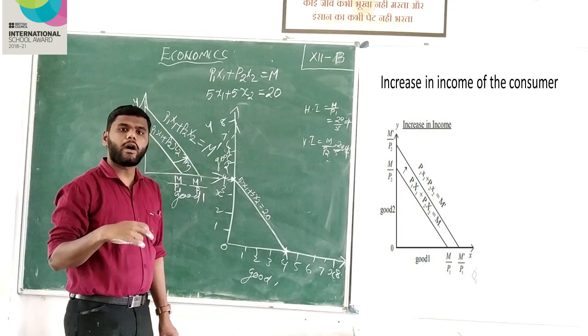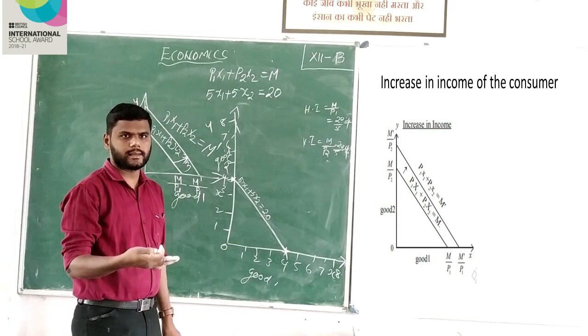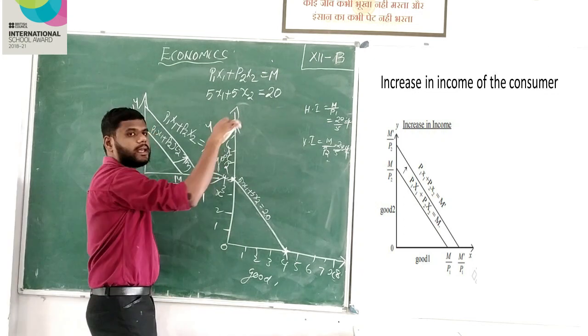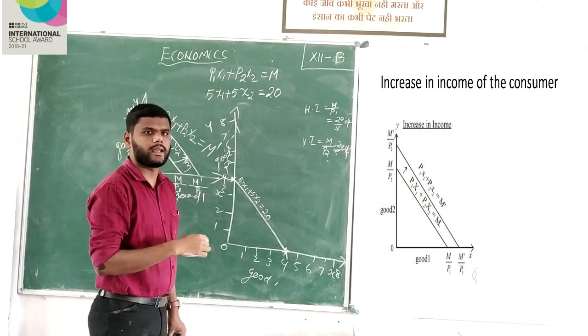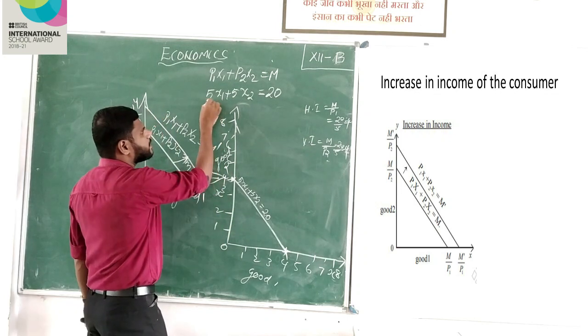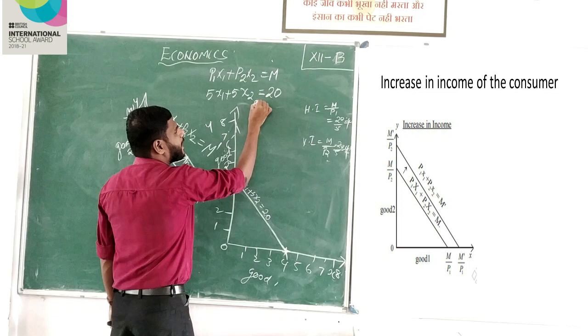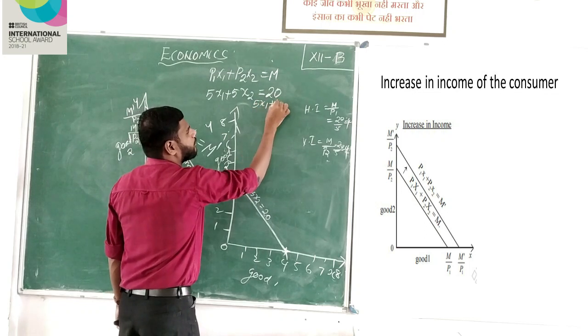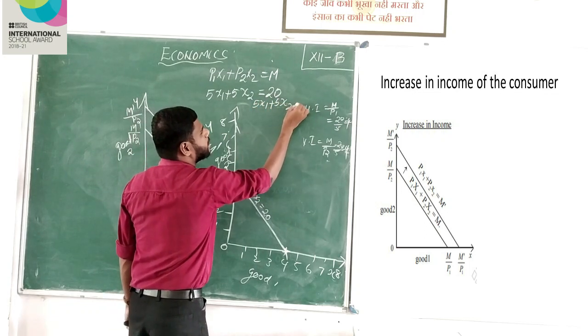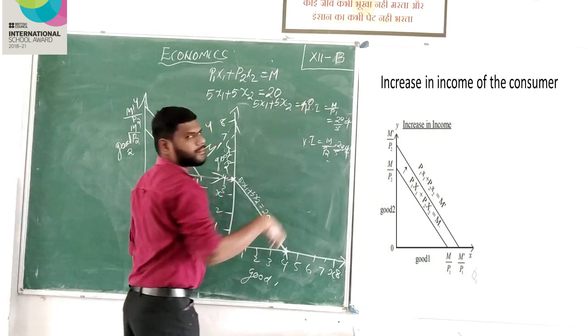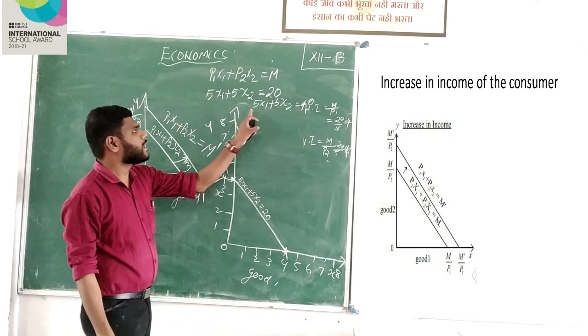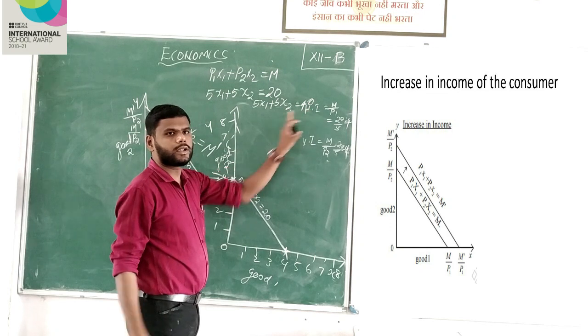Now, the income of the consumer changes. That is, income of the consumer increases to 40. That means this budget line will change. It becomes 5x1 plus 5x2 is equal to 40.